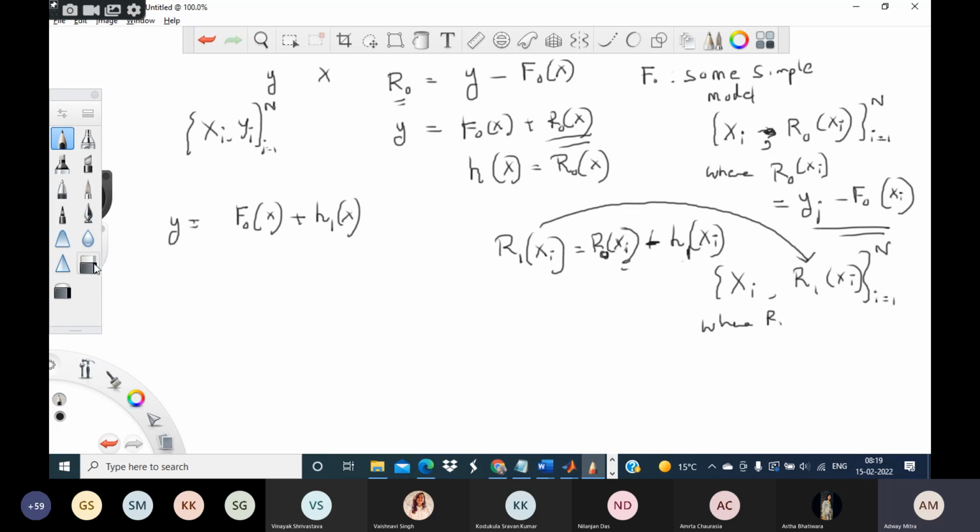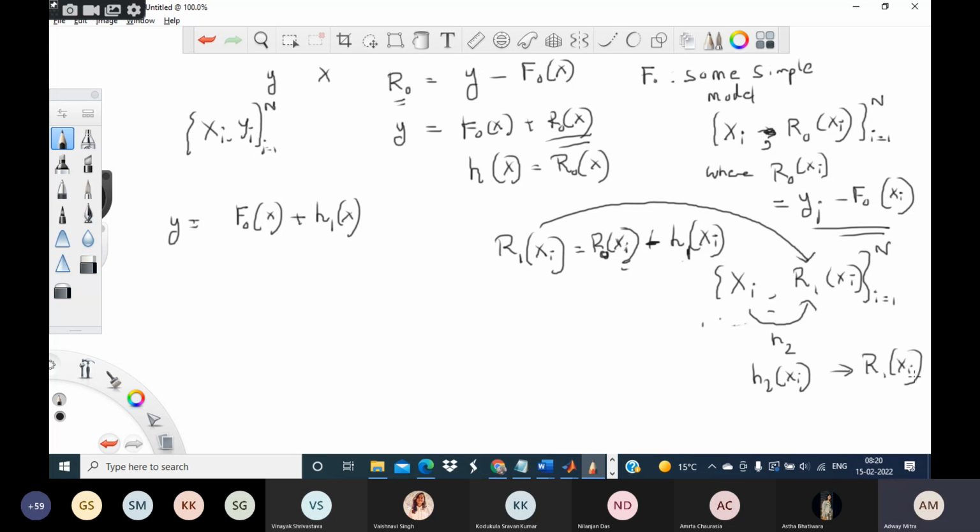So obviously we will try to learn another function which we may call H2. So what will H2 do? H2 will try to predict this R1 xi from xi. So H2 xi tries to predict R1 xi.